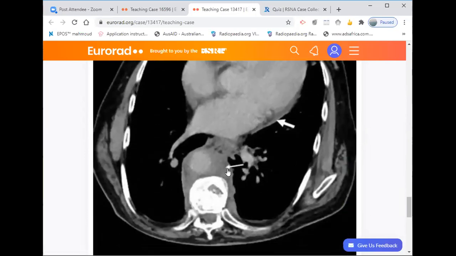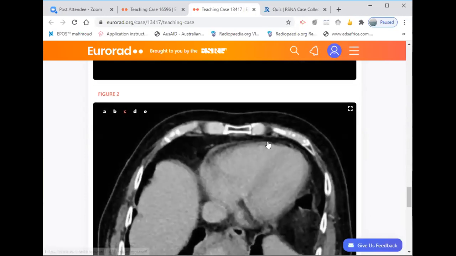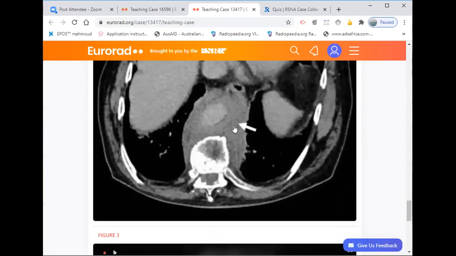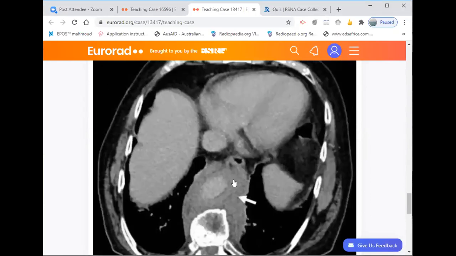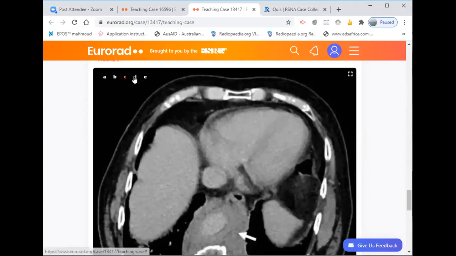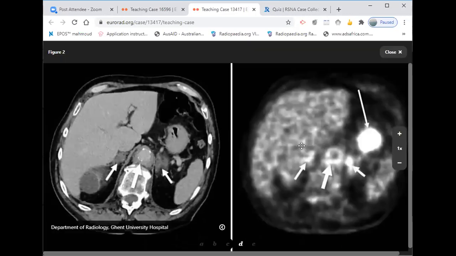Okay, so here and here, this soft tissue, and when we go down, we can find that the adrenal glands have this appearance, and the tracer uptake of the FDG is high in the stomach also, yes, and the adrenals are high, and around the aorta is high.